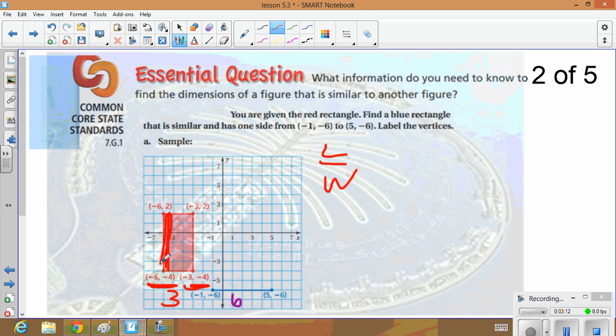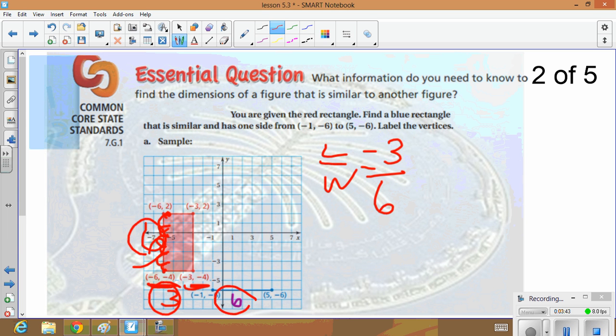So if I start down here at -6, -4, I just want to count boxes up to -6, 2: 1 box, 2 boxes, 3 boxes, 4 boxes, 5, and 6. So this side measures 6. If I'm looking at length to width, I'm looking at 3 to 6. The length is 3, the width is 6.